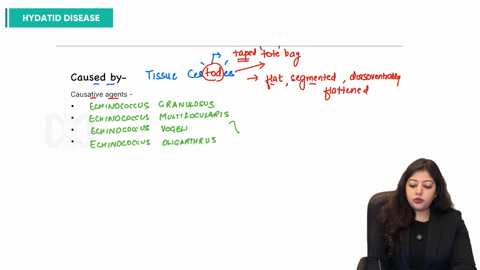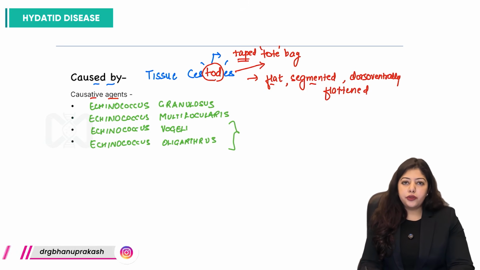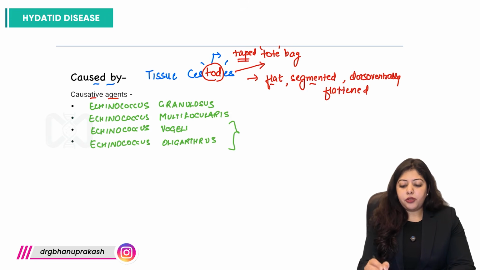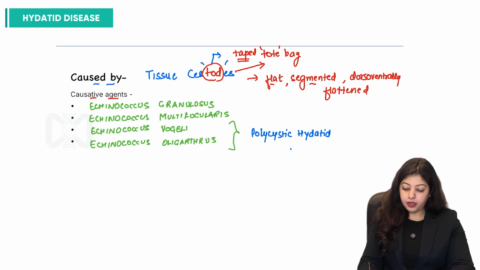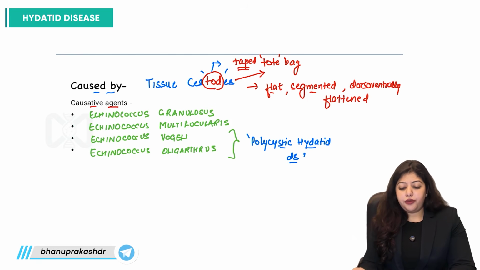Now these two species are rarely associated with human infections, so we will not go into much detail about them, but these are responsible for polycystic hydatid disease, and this is found in certain lower animals but rarely in humans.